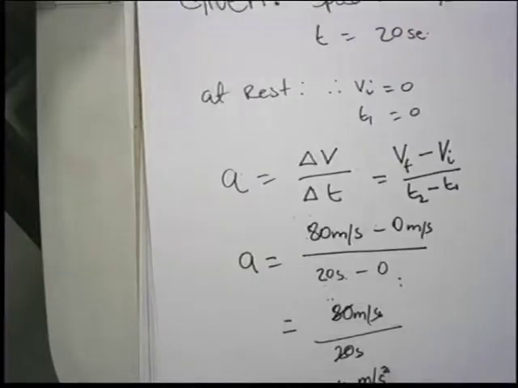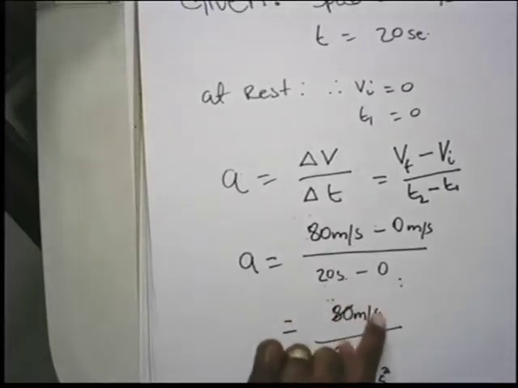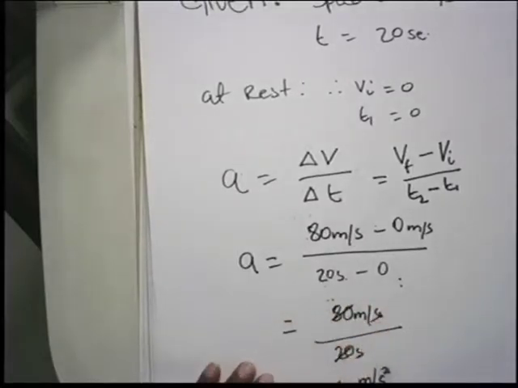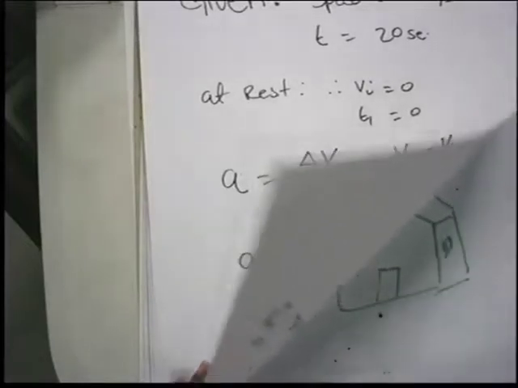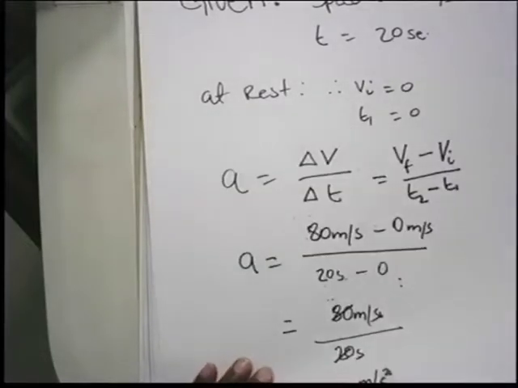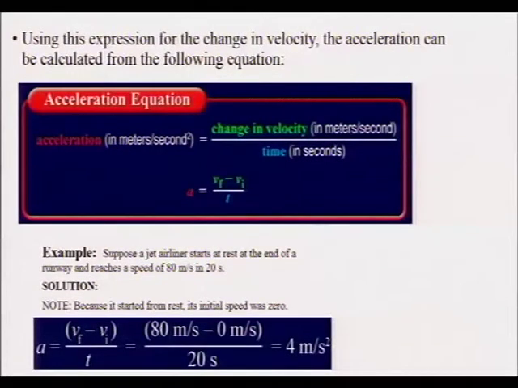This is our unit for acceleration: meters per second squared. It always helps when you put your units in your calculation, because it will help you derive the correct units. And this is our solution here.